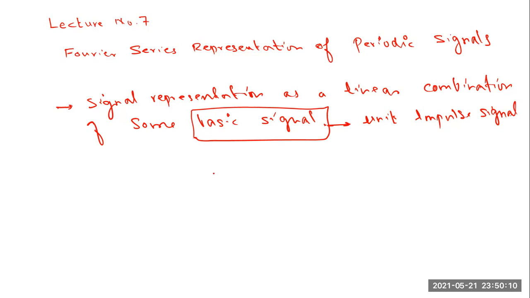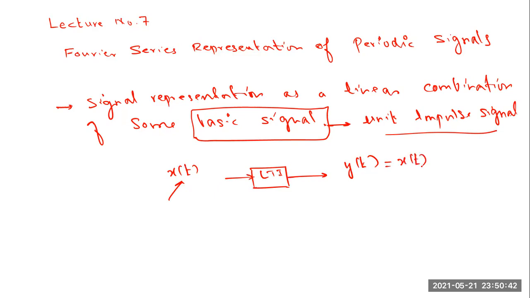And then once we represented the signal in terms of unit impulse, then for LTI systems, what we found was that if this input is represented in terms of unit impulse signal, then the output takes a very convenient form, and that is output becomes x of t convolved with h of t.